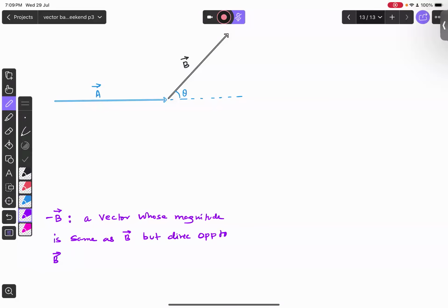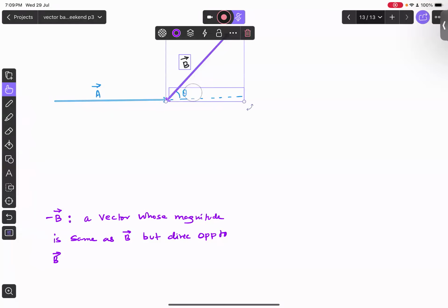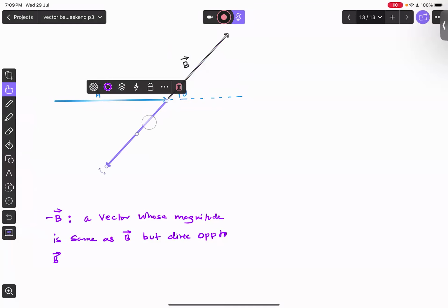So first I will find the vector minus B. For that, I will draw an arrow whose length is the same as the length of the arrow B, but direction opposite to arrow B. And I can draw that arrow anywhere. Maybe I can draw it here.